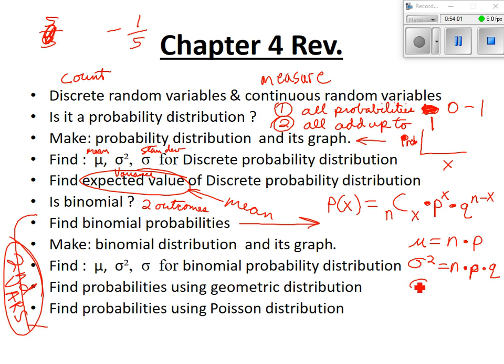And standard deviation is the square root of n times p times q. So for a binomial, you have to find those numbers right off the bat. You have to find n, you have to find p, you have to find q. Remember, how do you find q? 1 minus p, 1 minus whatever the probability is.